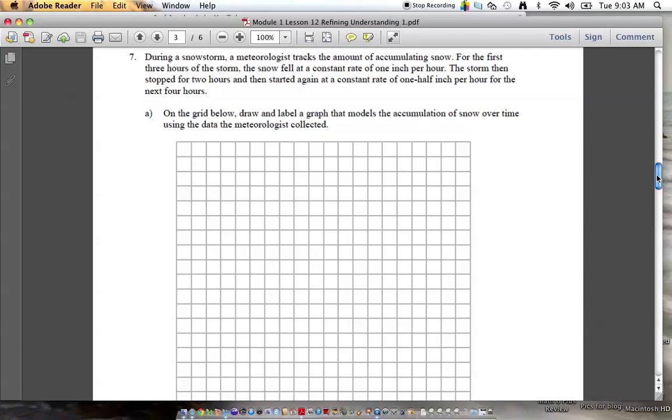You know, another way to think of 1/2 an inch an hour for 4 hours is 1 inch per 2 hours over 4 hours. So you could go up 1 over 2. It would be the same slope as up 1/2 over 1. Right? You're giving me the blank stare.